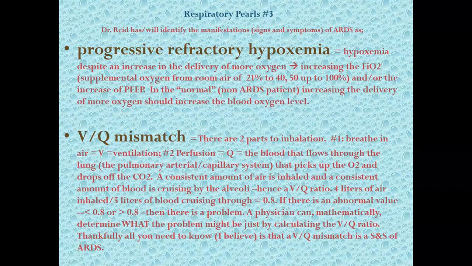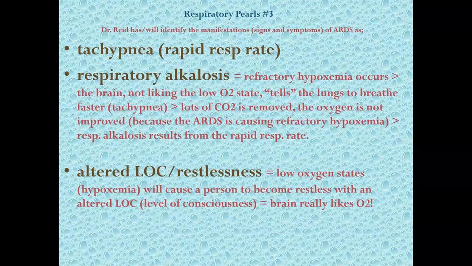That's normal. And if the value is higher than 0.8 or lower than 0.8, there's something wrong. Physicians will do the fancy physics equation because that will help them make the diagnosis. Is it a problem with blood flow in the lungs, or is it a problem with airflow into the lungs, and so on. What you just need to know is that there is a VQ mismatch, and that's part of the diagnostic criteria for ARDS. Tachypnea, you know what that is, a rapid respiratory rate, which will lead to respiratory alkalosis.